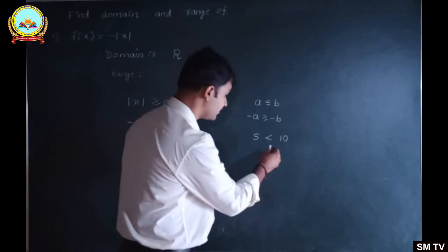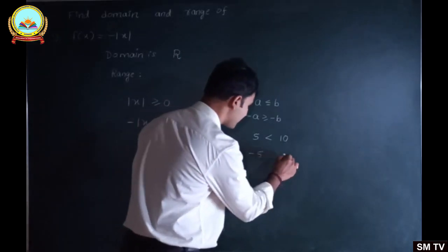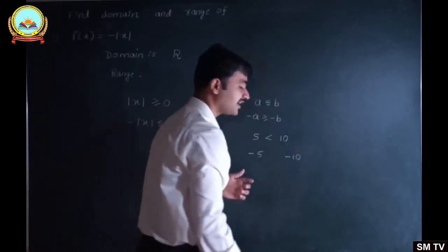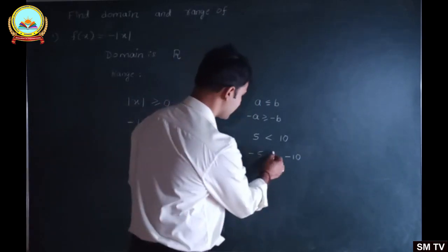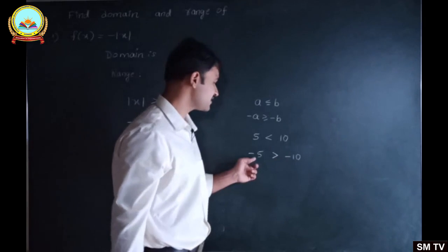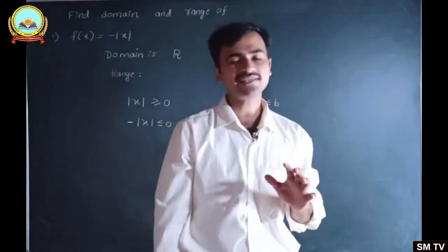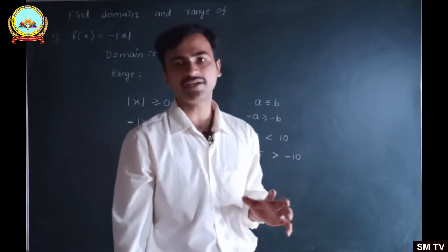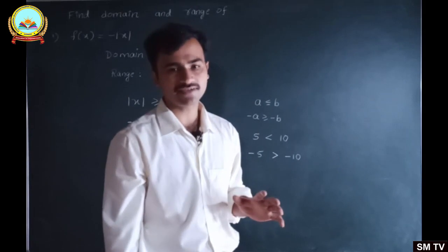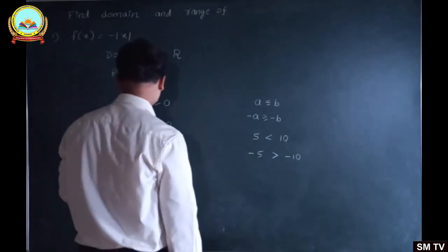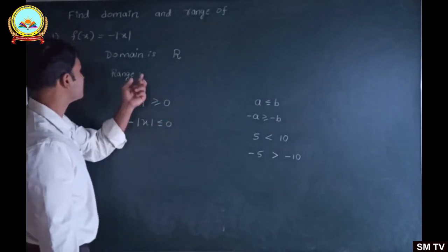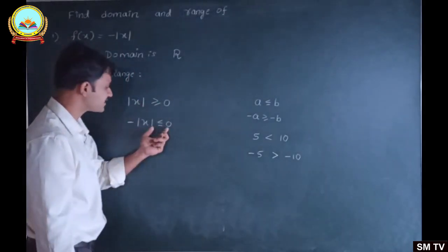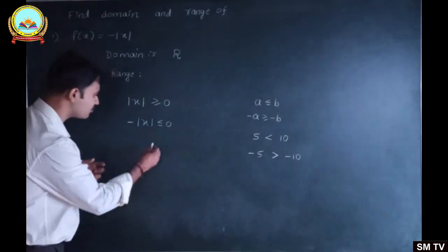I will give you a simple example. 5 less than 10. Is it true? Yes. Then if I consider minus 5 and minus 10, then minus 5 is greater than minus 10. That is, if you multiply by a negative quantity, then inequality reverses.